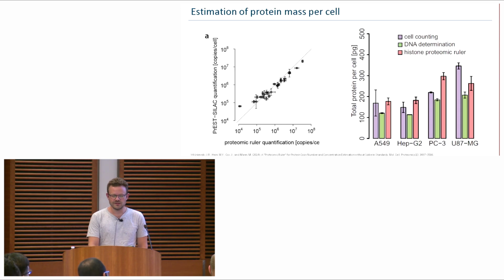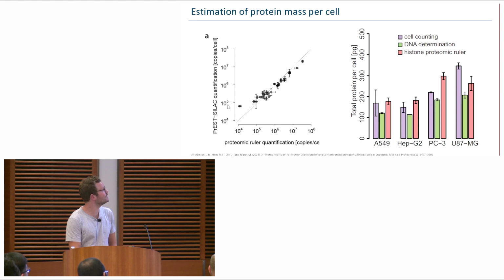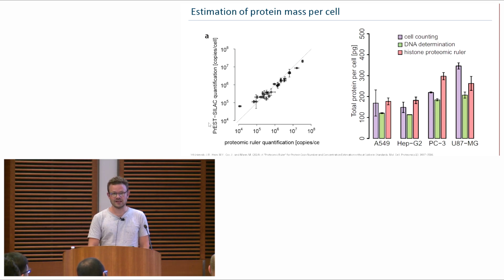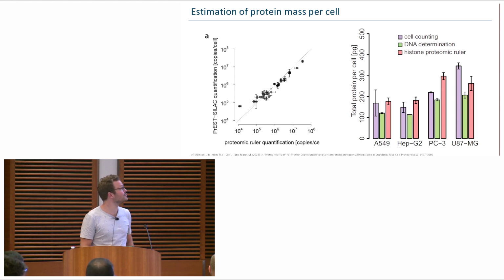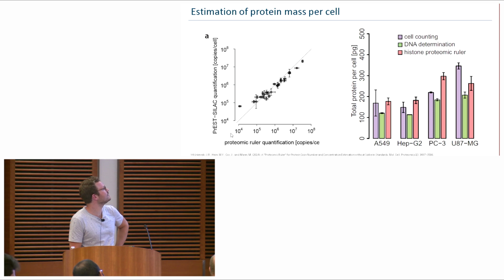And to benchmark this, so-called PRESTO proteins were spiked in, like SILAC labels. This is also a possibility to do an absolute quantification, but it's a lot of effort. But it's a very good validation. And here you see the quantification in copy numbers per cell, the PRESTO SILAC experiment, which is supposed to be very accurate, against the proteomic ruler, which is just very easy to handle.